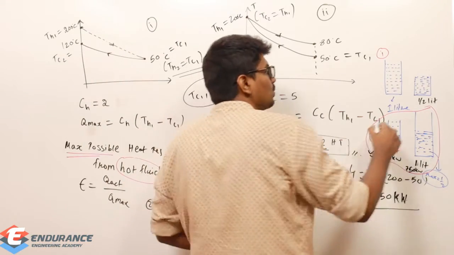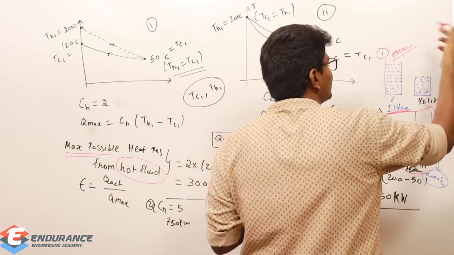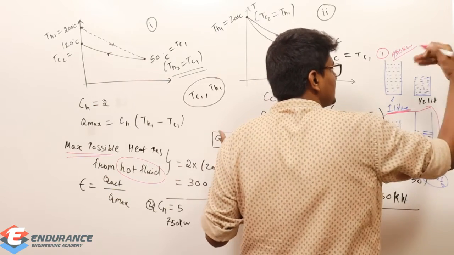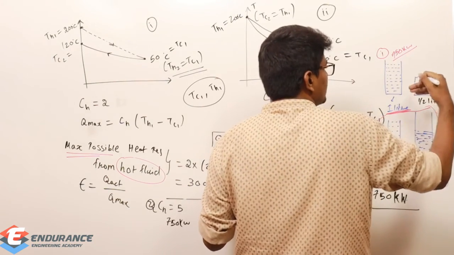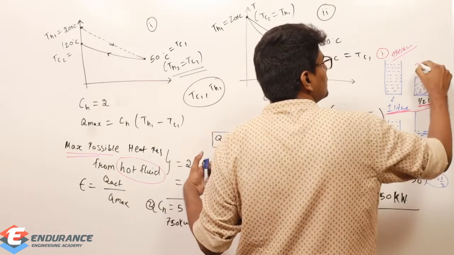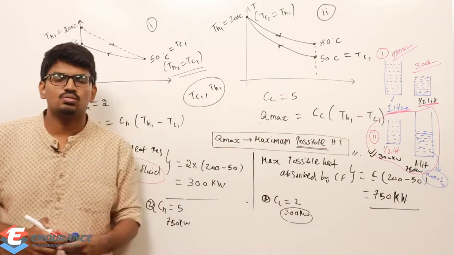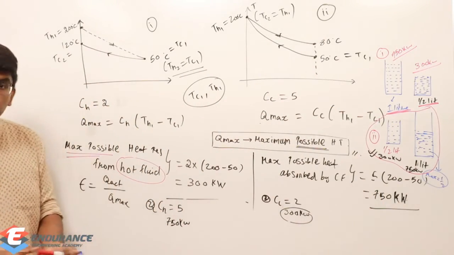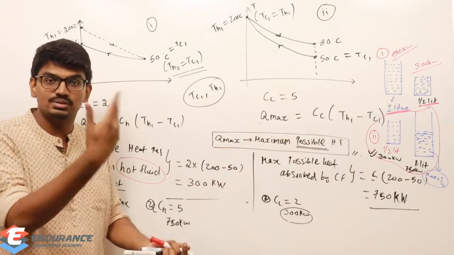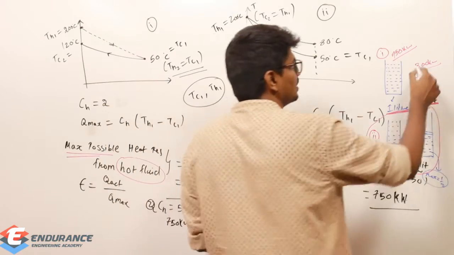I hope you are getting my point. So even though I have 750 kilowatt of heat in the hot fluid, I have a capacity of only half a liter, which means the cold fluid can accept only 300 kilowatt, not even 1 kilowatt more than that. So what is the maximum possible heat interaction going to be? It's not 750, it is 300.